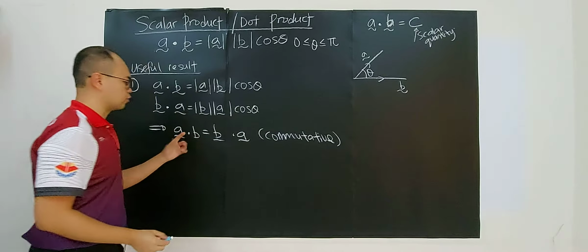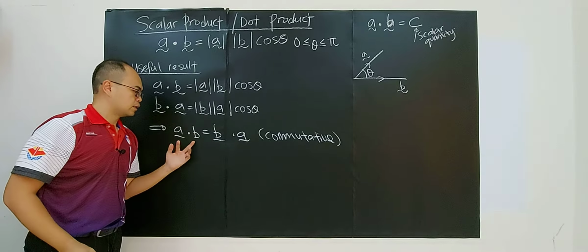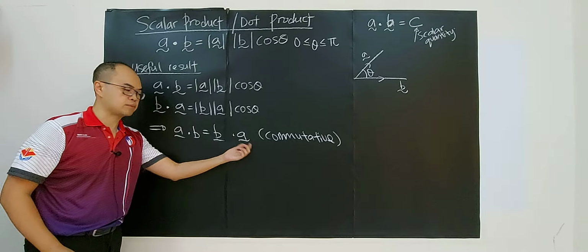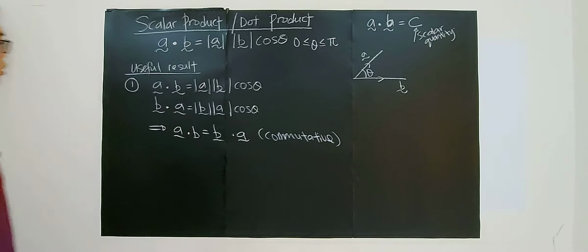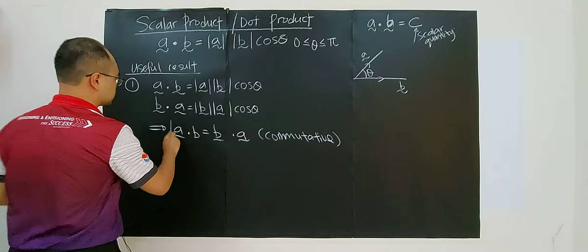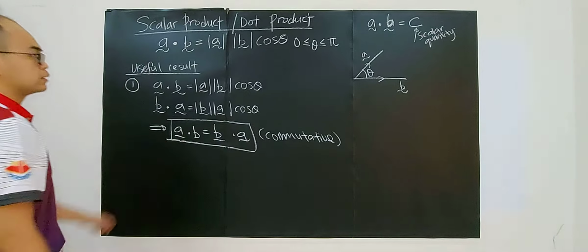Commutative means the order of multiplication is not important. This is the first result, a very important result: A dot B is the same as B dot A.